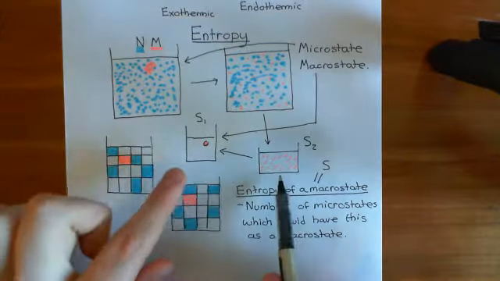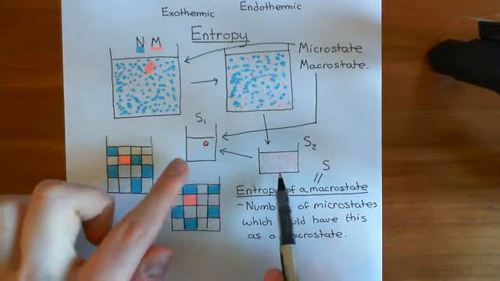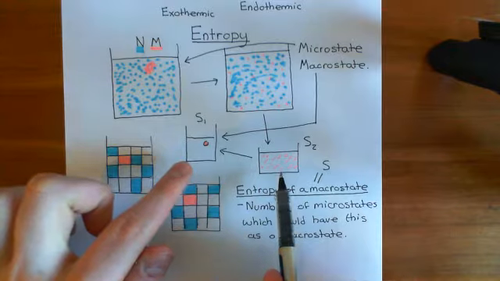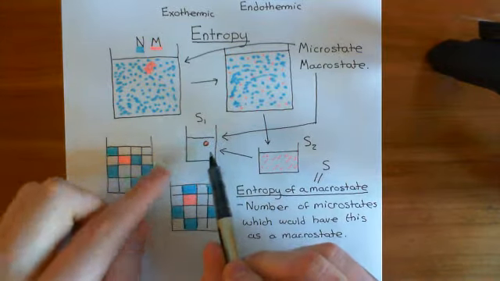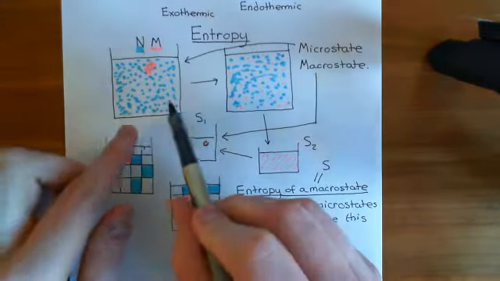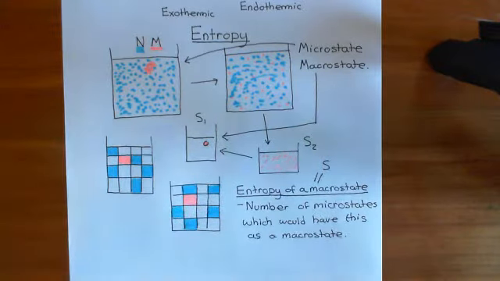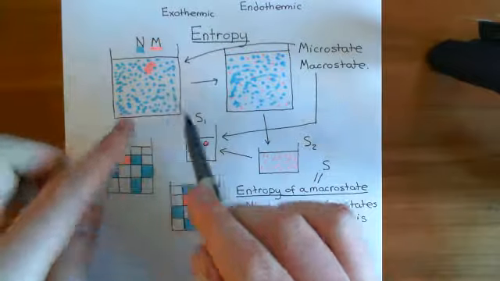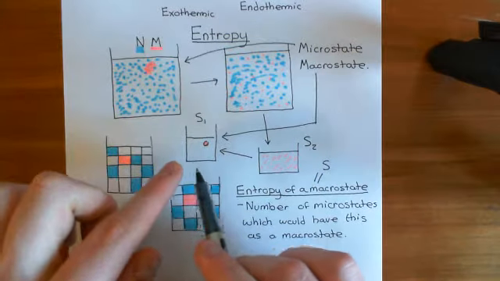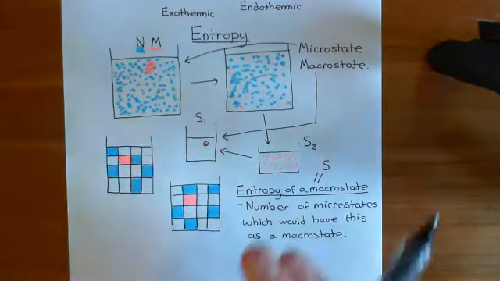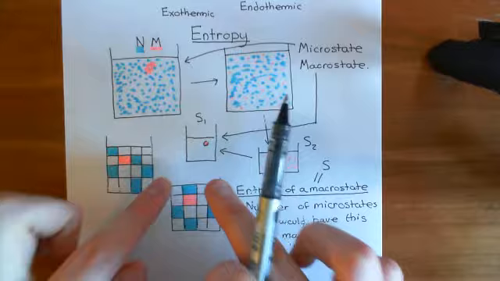Each of those macrostates has an entropy, and the entropy of that macrostate means how many microstates the system could exist in. Of all the microstates that the system could exist in, which we've just discussed, how many of them would look like this to a macroscopic organism such as a human. That is what is meant by the entropy of this macrostate.